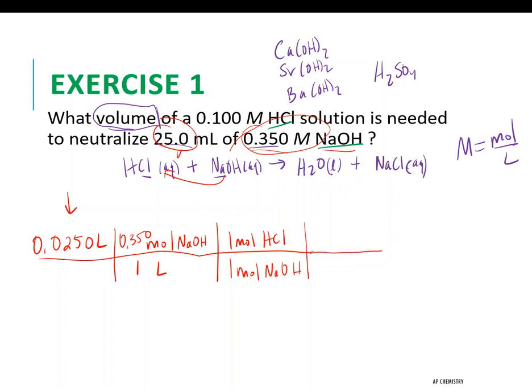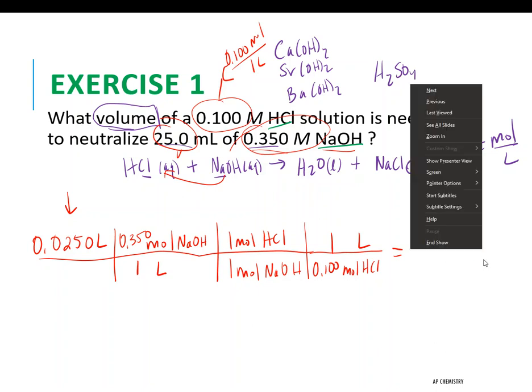And then from there, because I do know the molarity of this, 0.100 moles per 1 liter of my hydrochloric acid, I can use it as a conversion factor and flip it. So I put the moles down here and the liters up here. So the 1 goes on the top and the 0.1 goes on the bottom. Now everything is set up to cancel, and we can just do our straight up calculation.